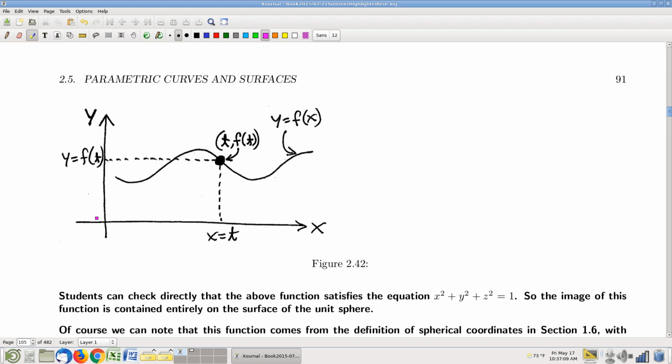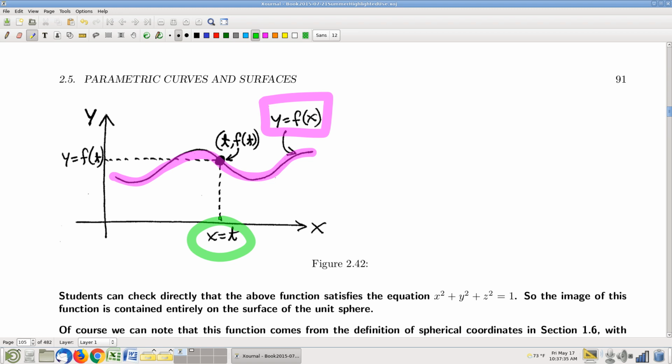Here's the idea. Suppose you have a curve which is a graph. Reminder, that's what it means in rectangular coordinates, for a curve to be a graph in two dimensions. So y is a function of x. Clever observation. If we were to let x equal t.